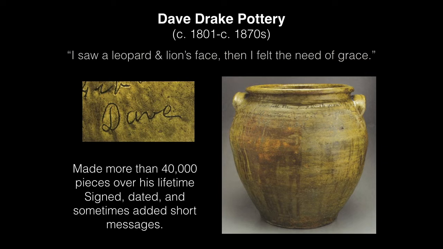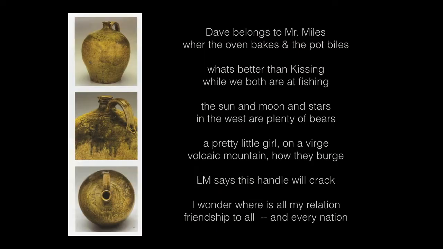So in a sense, he's not only our first known named ceramicist, he's also a person who has a kind of poetic legacy that gives us insight into what he was thinking. Here are some examples of the poems he's written. Dave belongs to Mr. Miles, where the oven bakes and the pot biles.